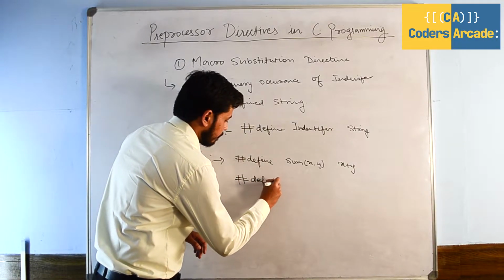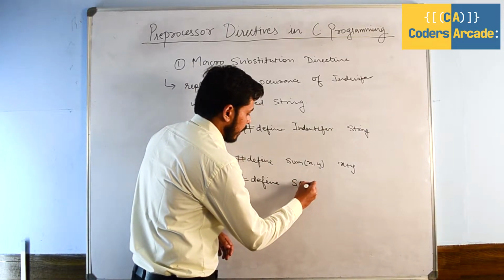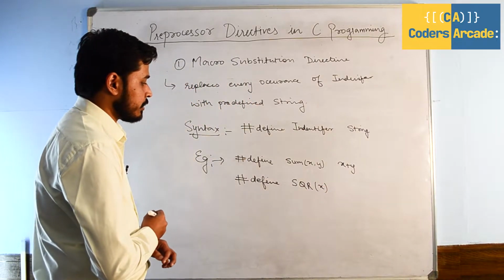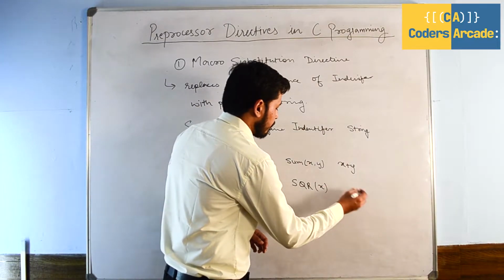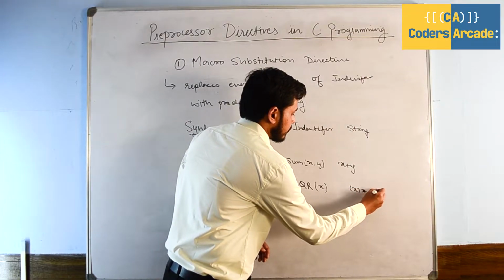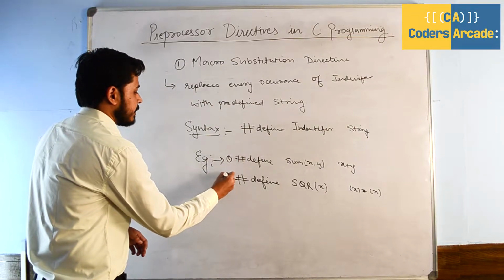Let us see this with an example, but before that I'll give you one more example. Hash define, let us say I write SQR in capitals and in brackets x. So SQR(x) will be replaced by x into x. Alright, so this is our first example and this is our second example.